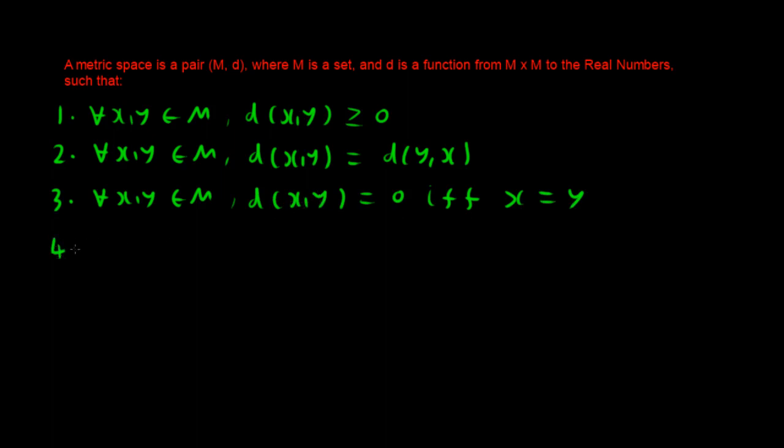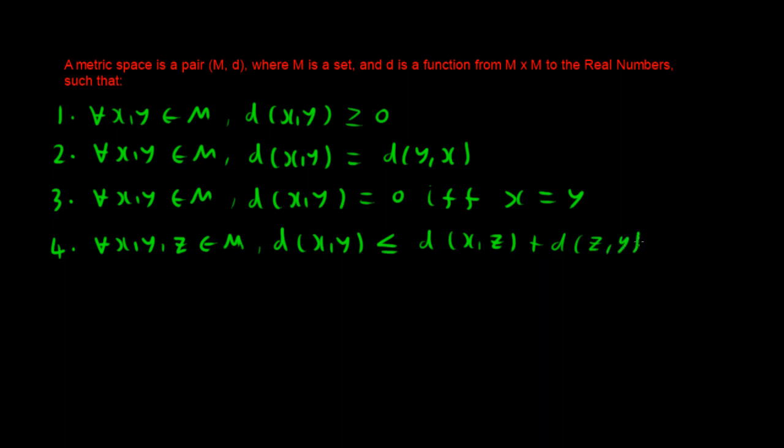And finally, condition number 4 is that for every x, y, z in M, so we have 3 points now, we have d(x, y) is less than or equal to d(x, z) plus d(z, y).